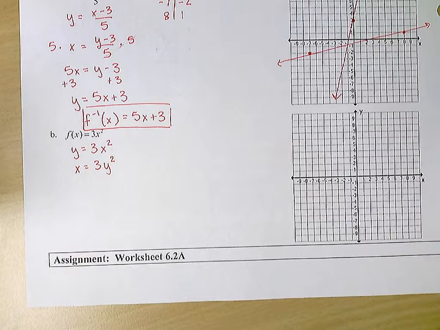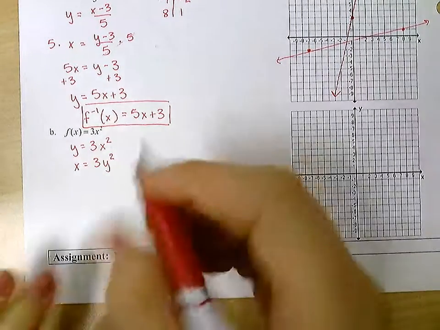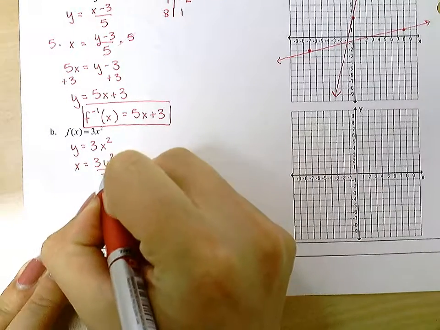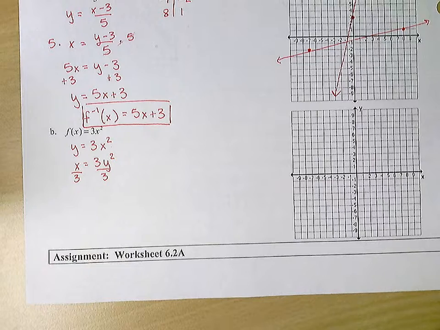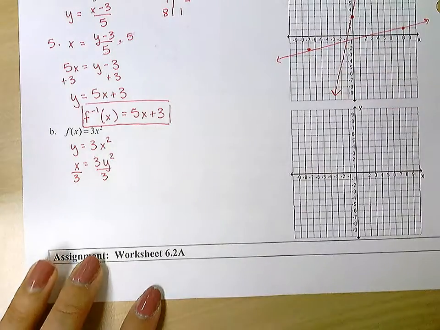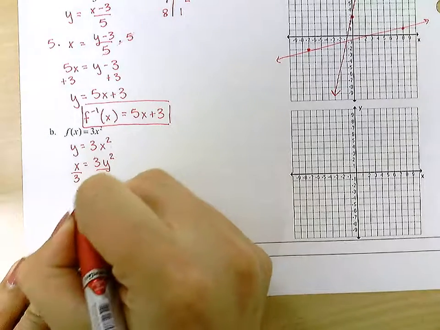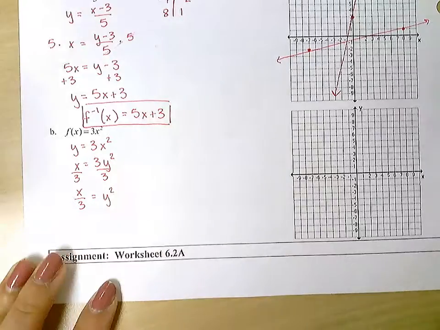So my first step is to get rid of this 3. I'm going to divide both sides by 3. So they cancel out here, and I end up with x over 3 is equal to y squared.